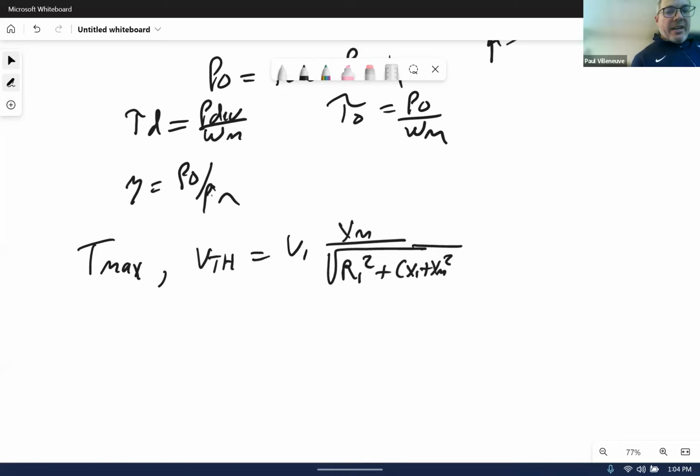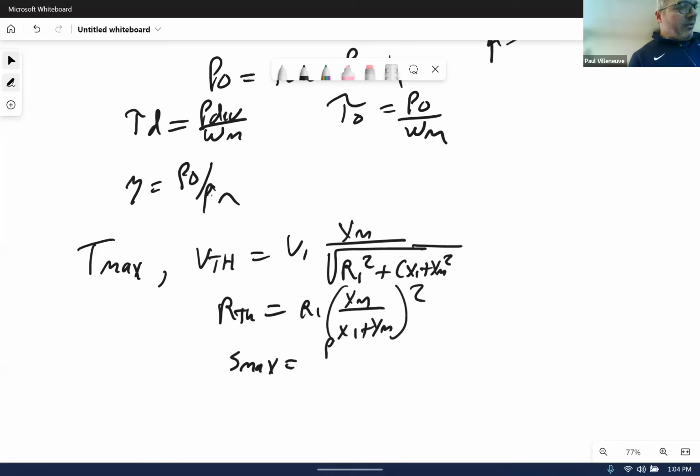And then my R Thevenin is equal to R1 times (XM over X1 plus XM) squared. And then once I have that, my S max is equal to R2 over the square root of (R Thevenin squared plus (X Thevenin plus X2) squared).